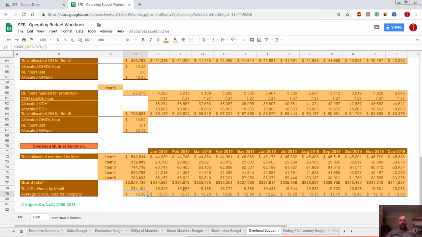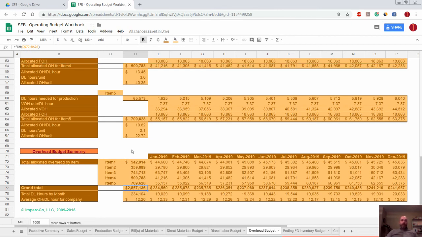So all this down here is just for informational purposes, but important to know that our grand total overhead, I shouldn't read the numbers out, I should say what the actual number is: $2,857,136.